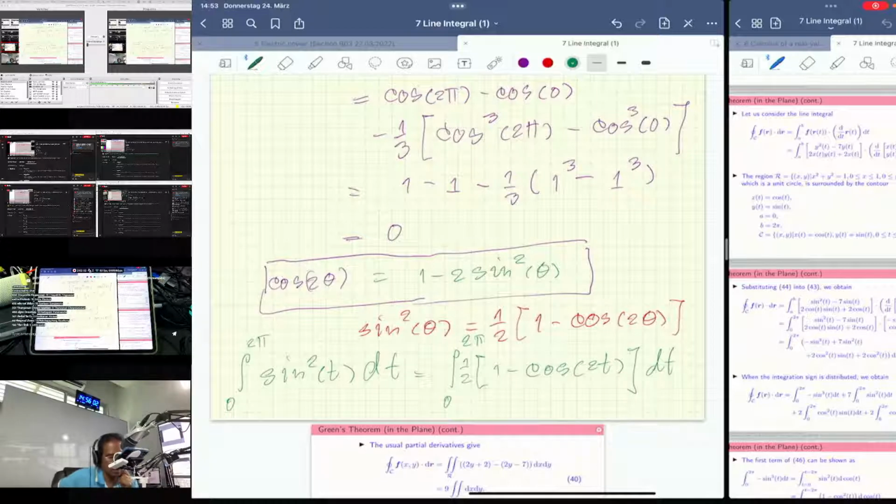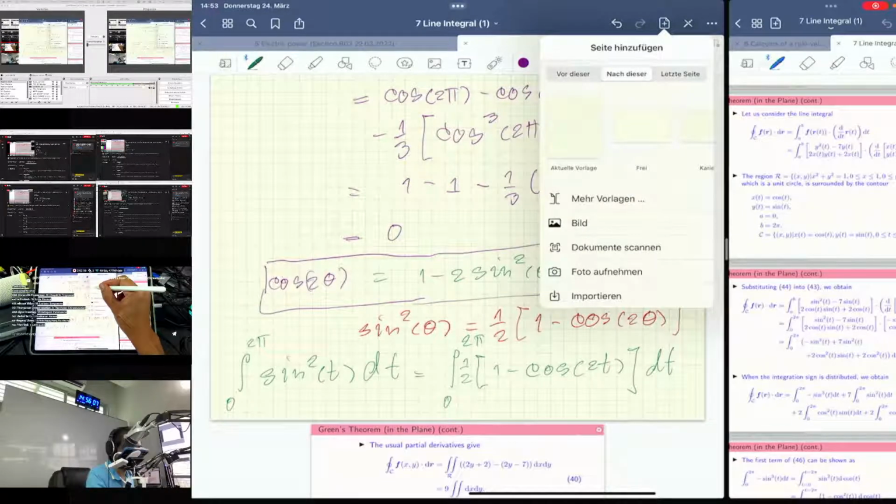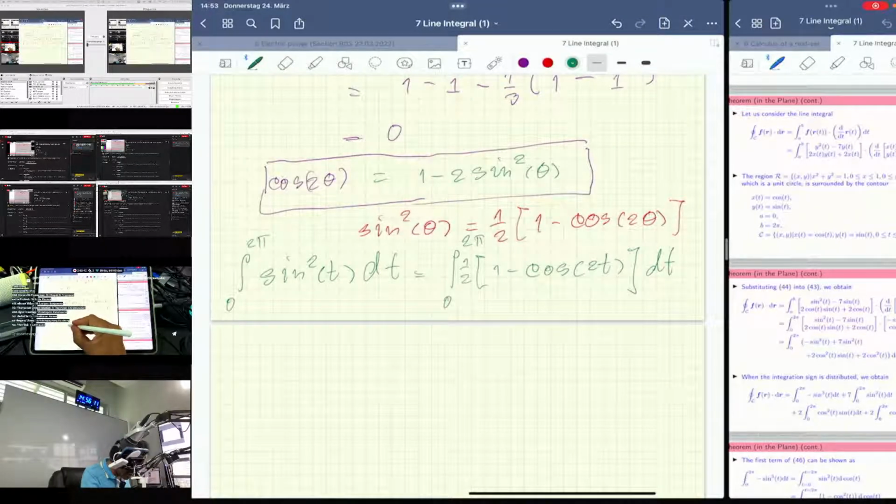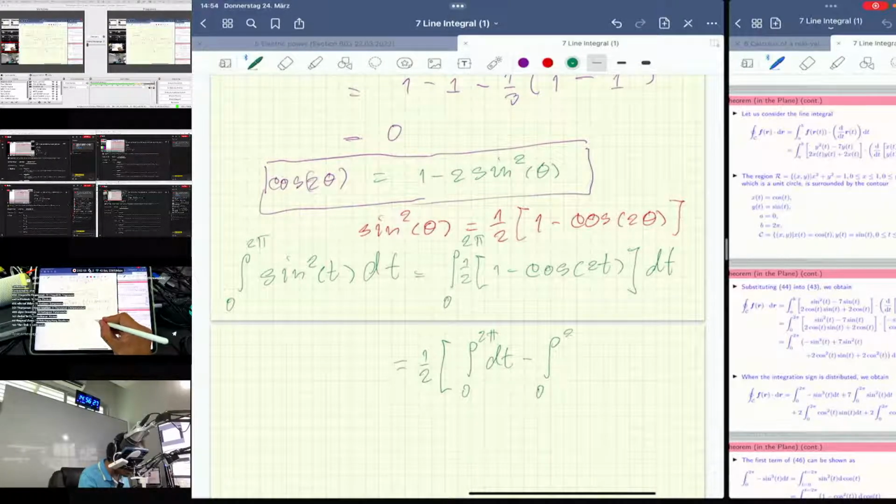All right, like this. And the first term will be, here we could get 1 by 2 of integration 0 to 2 pi dt and minus integration 0 to 2 pi cosine 2t dt, closing bracket.